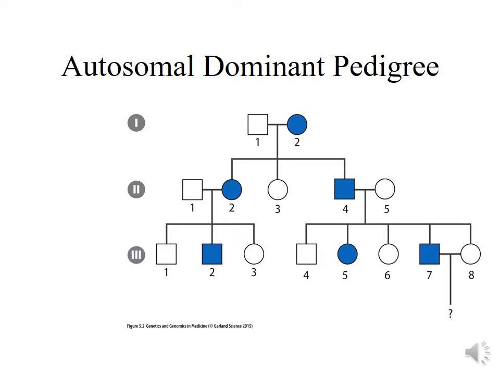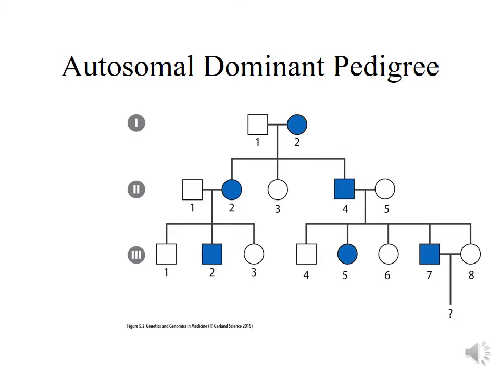Affected individuals are typically heterozygotes with 1 mutant allele and 1 normal allele, and usually have at least 1 affected parent. The question mark indicates the chance of having an affected child, which is 1 in 2, because 1 parent is affected.